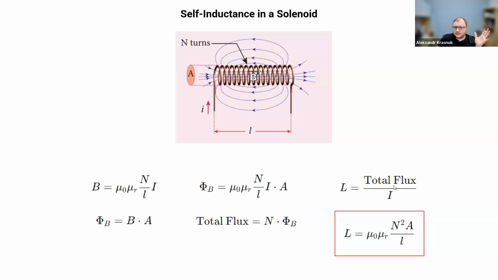So the inductance, of course, is the total flux divided by current. And this is the formula. The formula depends on the number of turns to the power of 2. So more turns lead to greater inductance, but not proportionally; it's the power of 2, a quadratic dependence.